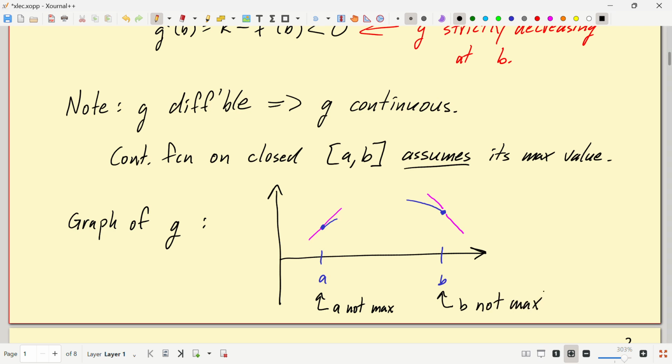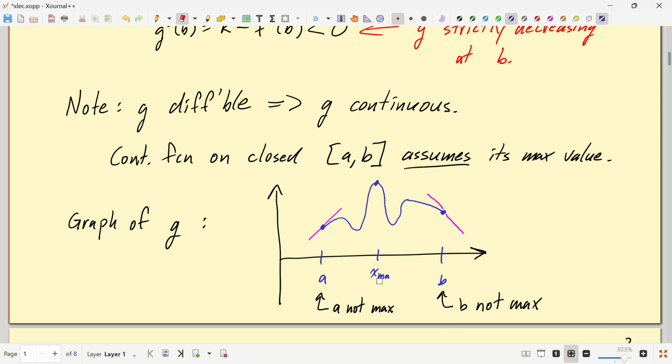And so the max has to occur someplace between those two. So I'll make a, there. And so this is going to be where the max is. Let's call it x max.